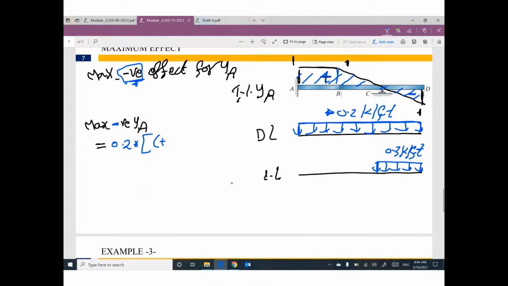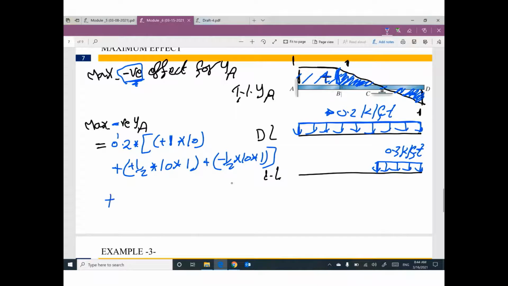This area of rectangle will be 1 times 10, plus this area of triangle will be 1/2 positive also, 1/2 times 10 times 1, plus this area of negative diagram will be negative 1/2 times 10 times 1. Plus this is for dead load, plus live load 0.3 times only the area of diagram related to this position only, negative 1/2 times 10 times 1.